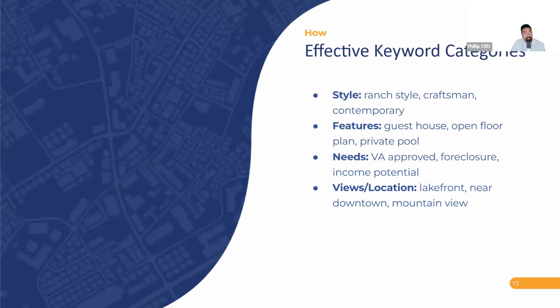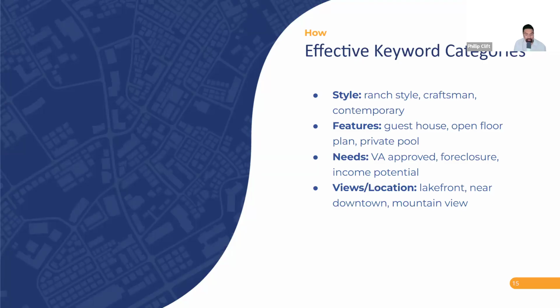We've done an analysis here of effective keyword categories that we have found to be useful with IntelliSearch. So when you're looking for things like style of home, ranch style, craftsman, contemporary work very well. Certain features such as guest house, open floor plan, private pool are also found along a lot of listing descriptions that have those features.